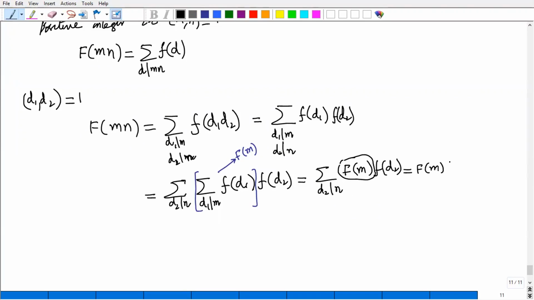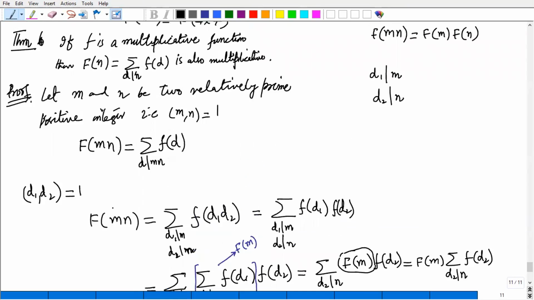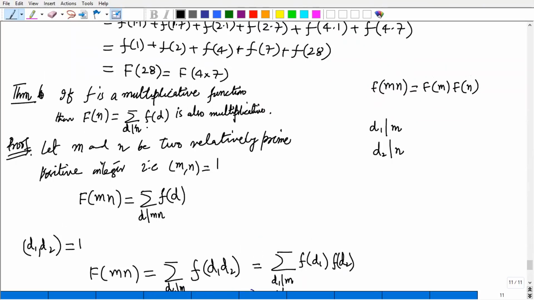So this will be F(m) times the sum over d2 dividing n of f(d2), and by definition this is F(m) times F(n). So it means capital F is multiplicative. So if any function is multiplicative, its sum over the divisors is always multiplicative as well. Okay, so that's the result.